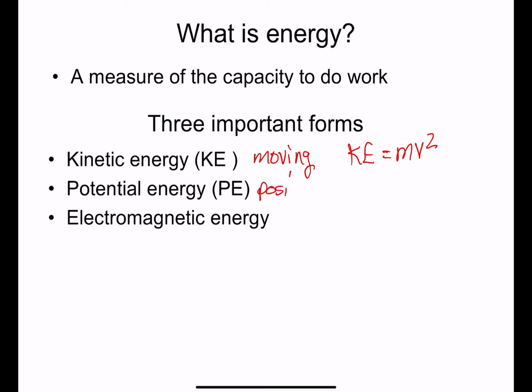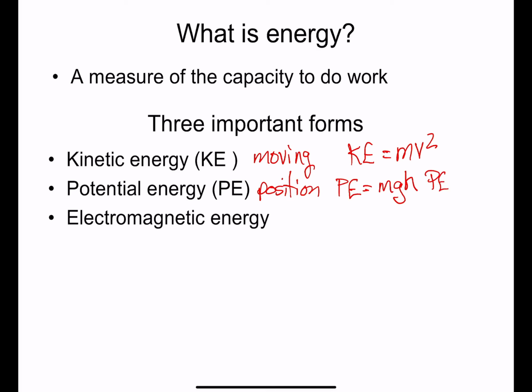Potential energy is the energy something has because of its position in a field of force. So we live on a planet that has gravity, so we can think of that gravitational force field, and we can measure the mass, the gravitational constant, and h, the height. So however high we are above the Earth, that changes the amount of potential energy something has in that gravitational field.